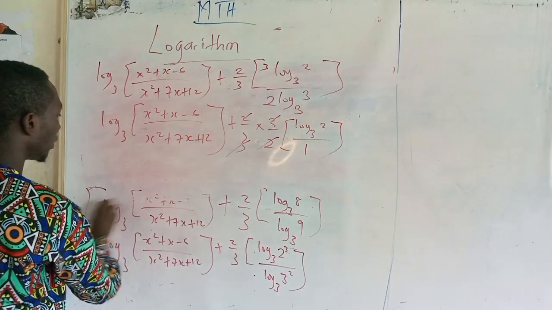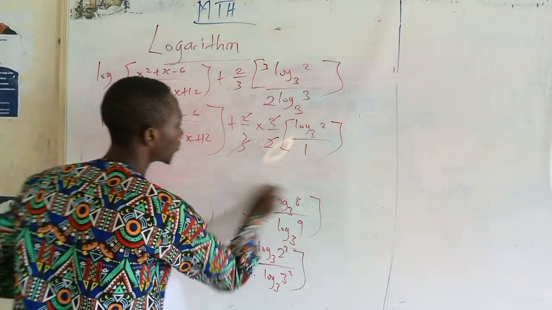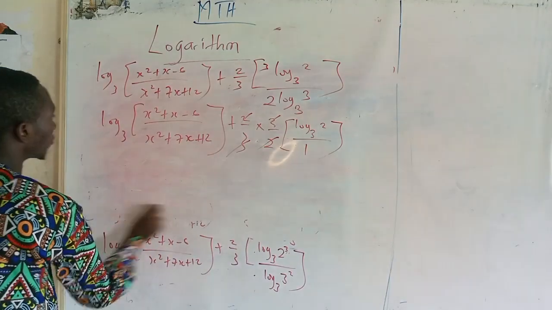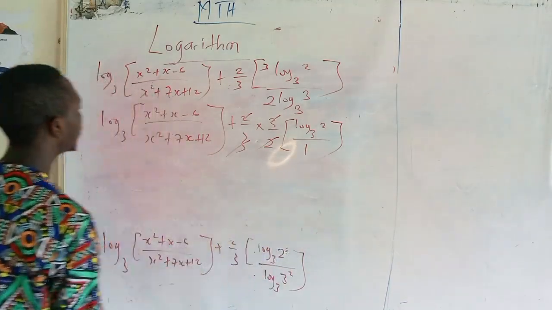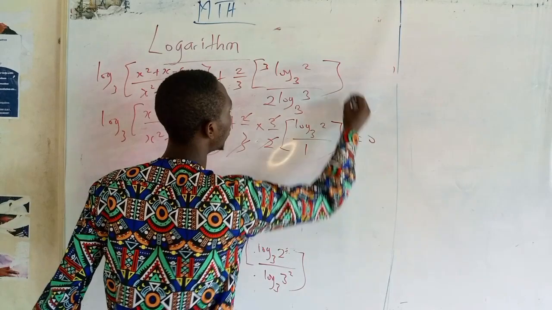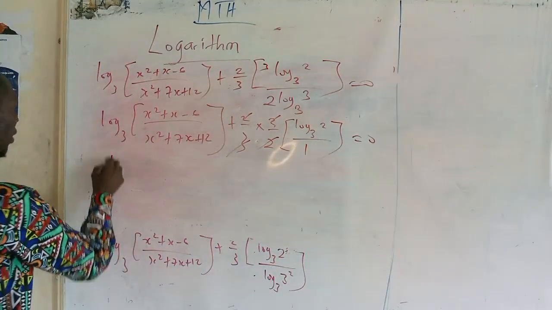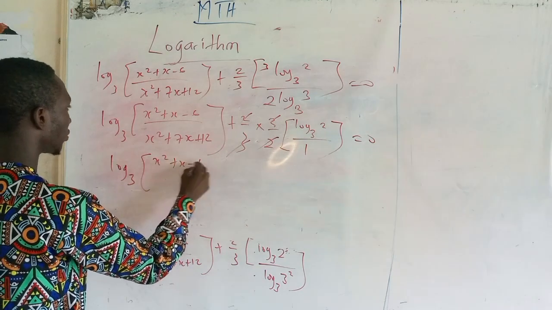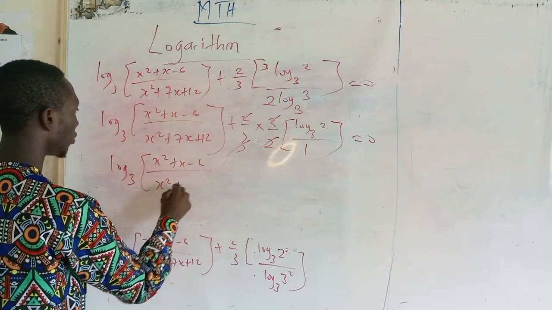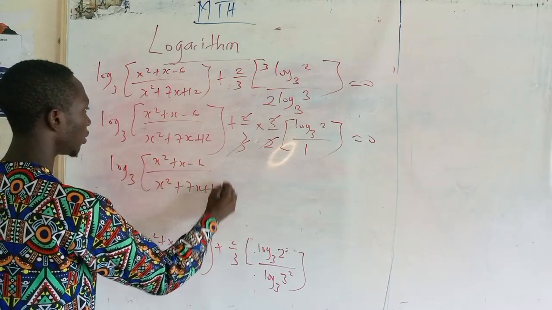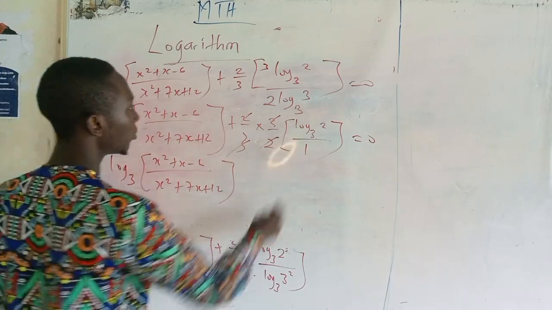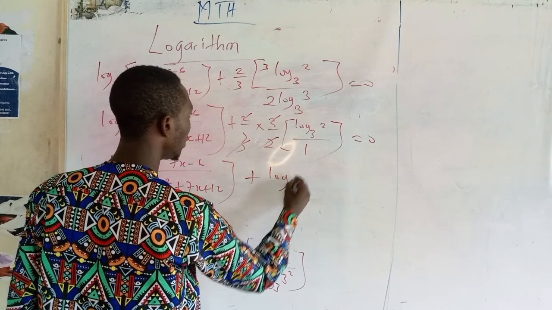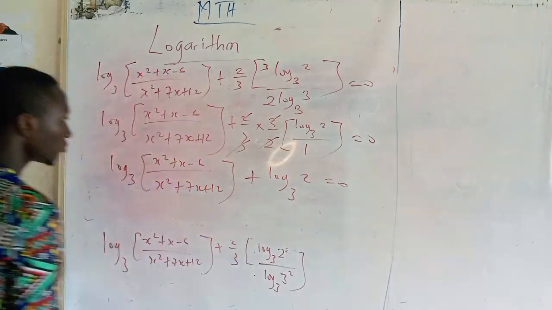So what are we left with? Remember, everything is equated to 0 in the question. So we are left with log 3 of x squared plus x minus 6 over x squared plus 7x plus 12, plus log 3 of 2, equals 0.